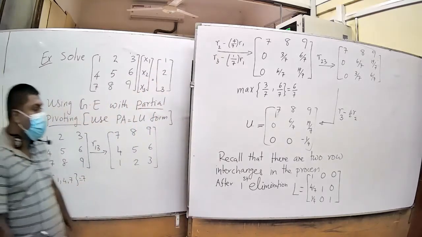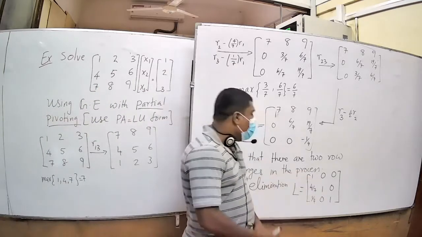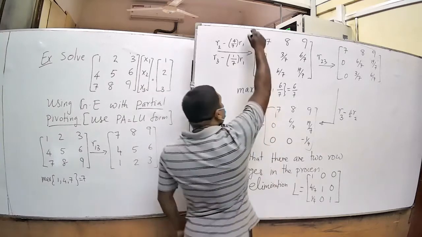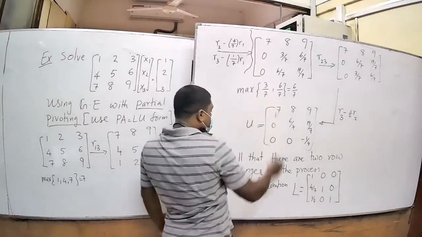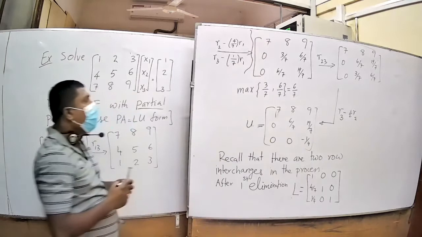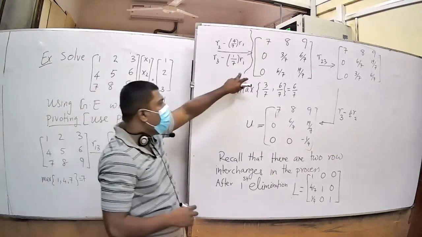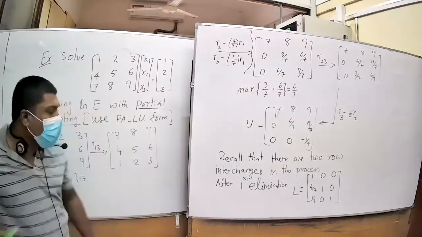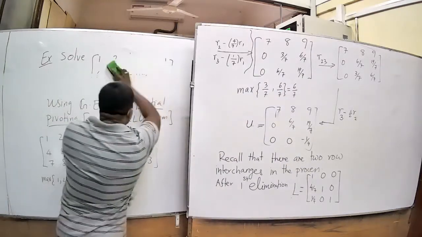So this is your L after the first elimination. This part you did not do. After this step, this is your L. But after that, you see that you are interchanging rows 2 and 3. So that is the important part.